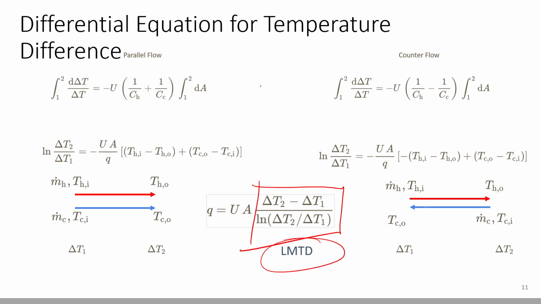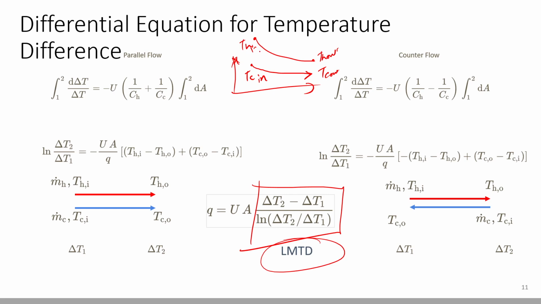So for example, in case of counter current flow, let's say the temperature of the cold fluid is some fixed temperature, so eventually it will keep on decreasing. However, the temperature of the hot fluid is some TH in, TC in, TC out, and TH out.